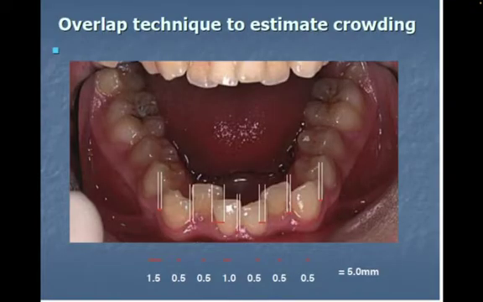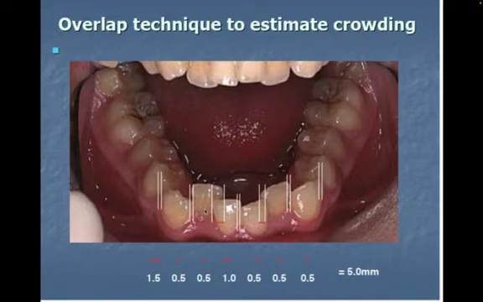However, don't miss this technique, which we call the overlapping technique or the eyeballing. Basically, with the overlapping, you look at the overlap between the contact points. For example here, if you look at this lateral incisor, if I were to do this according to the Royal London Space Analysis, I would be measuring this space, and then the mesiodistal width of the tooth, and subtracting them from each other.